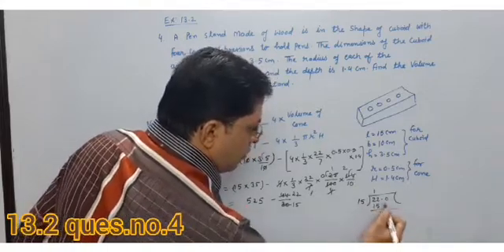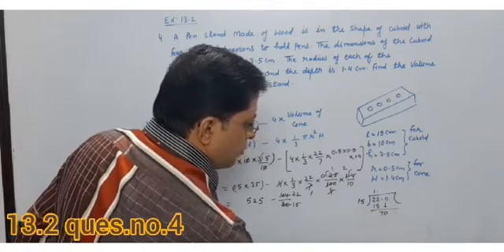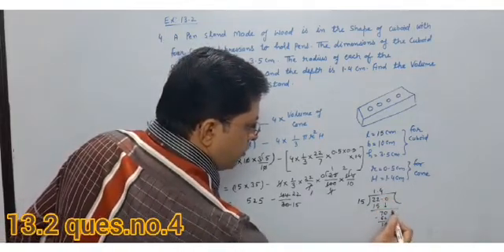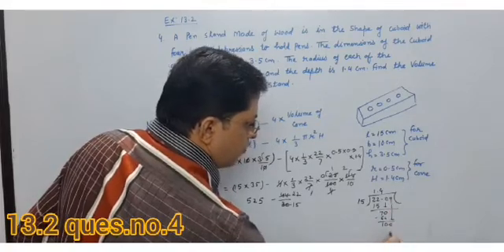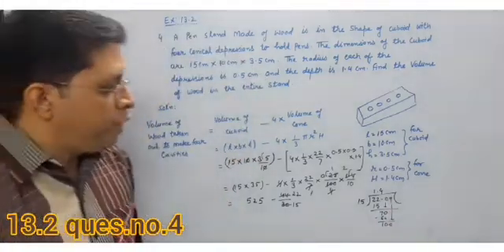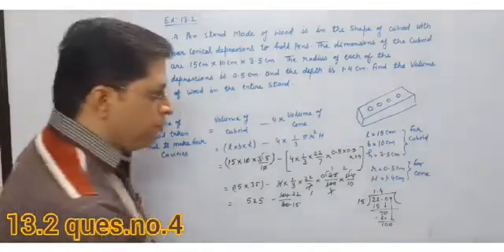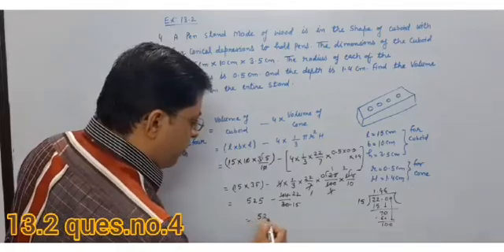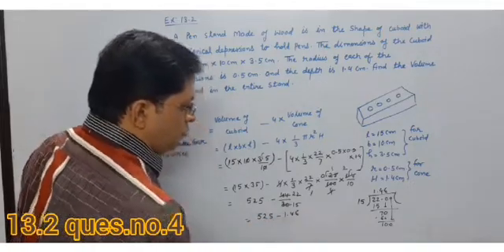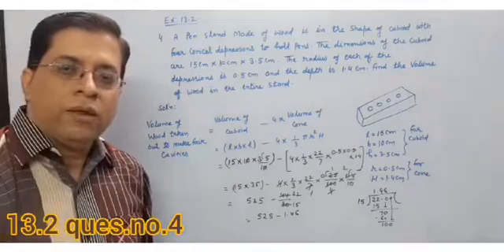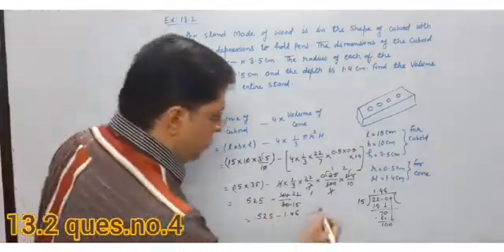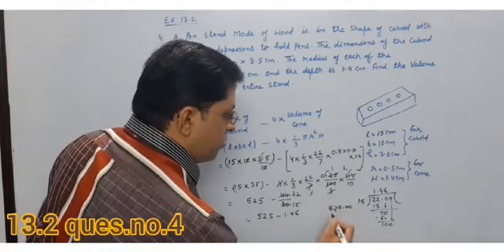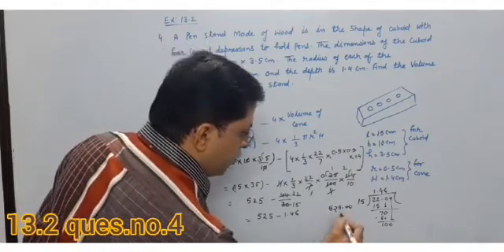This is 7 point. 15 4 60. 15 6 are 90. So it is 525 minus 1.46. Then come on, what will be? This is 525 minus 1.46.